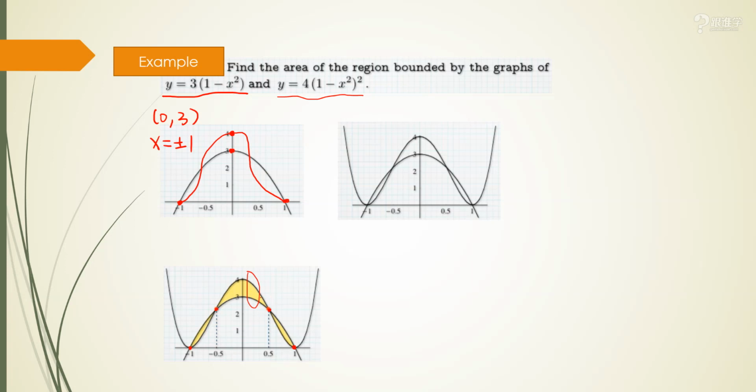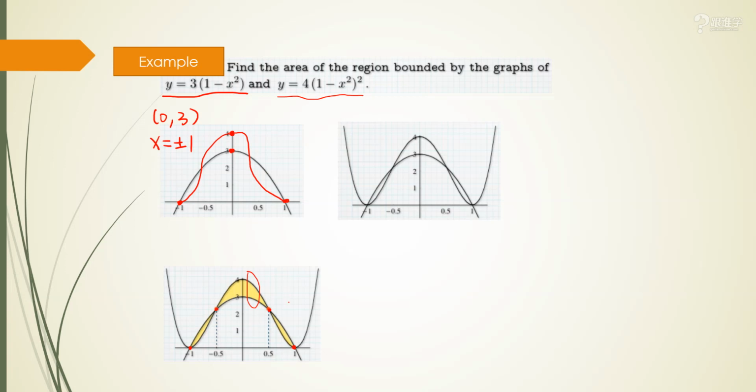So in this case we also have to break the integral into 2 parts, but this time it is because the 2 curves exchange their position as the top and the bottom curves. That's why I show the example here.